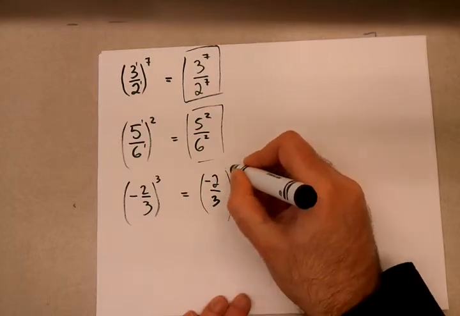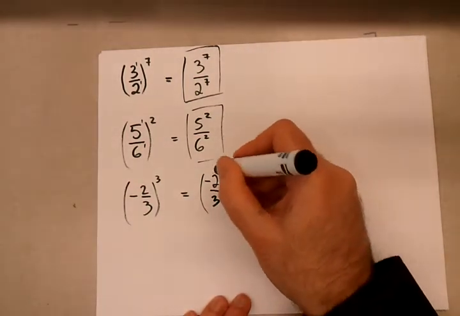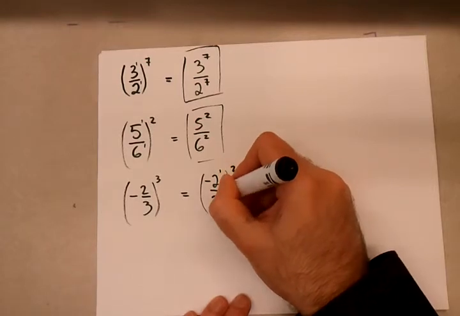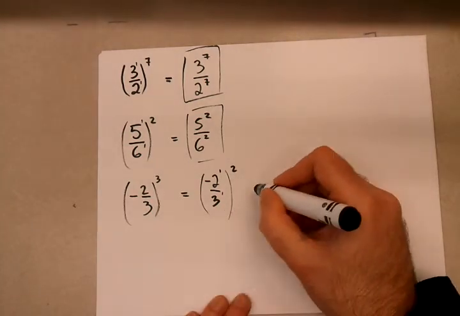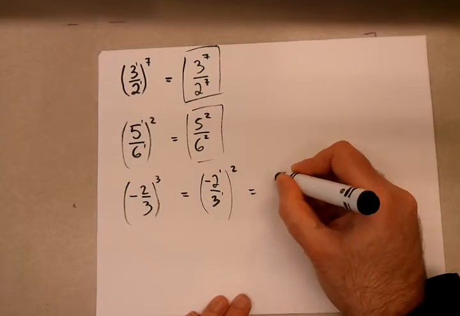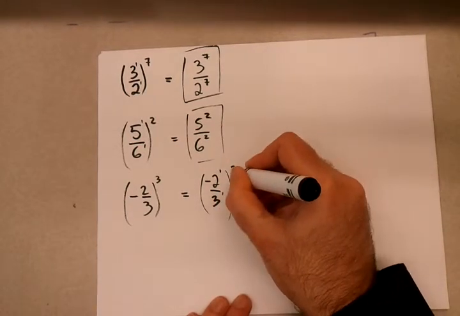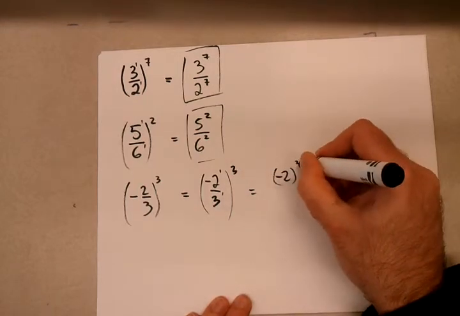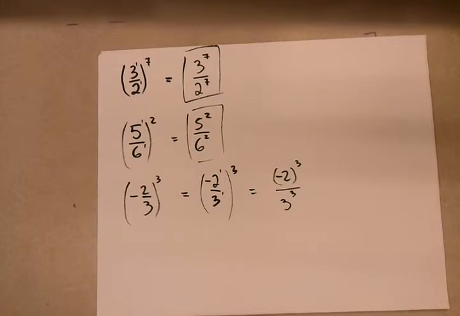So I just rewrote this, literally. And now you do the same thing with it over there. -2 has an exponent of 1, the 3 has an exponent of 1, and then you just go ahead and multiply the exponents. So you get -2 to the third power over 3 to the third power. So not very different.